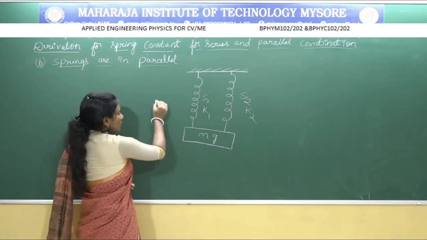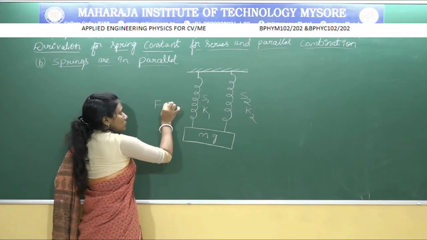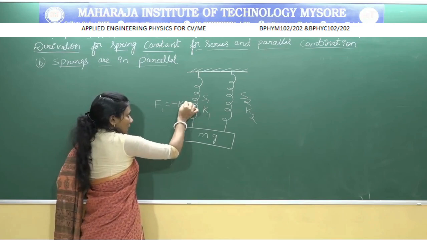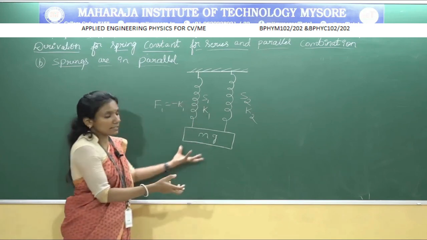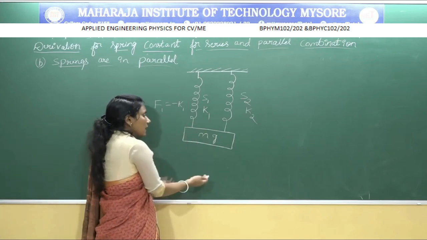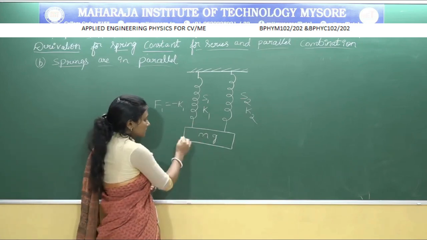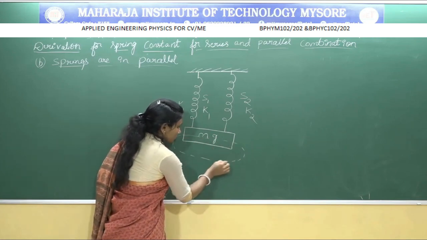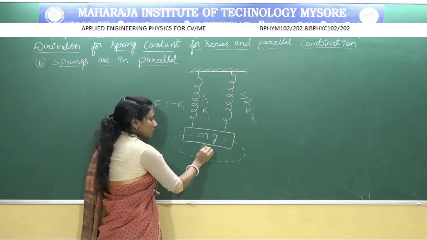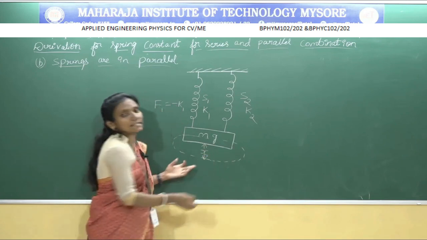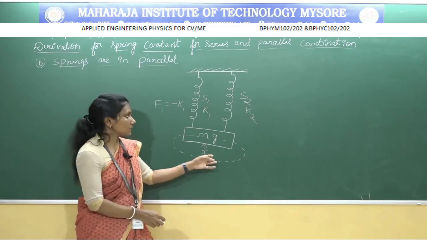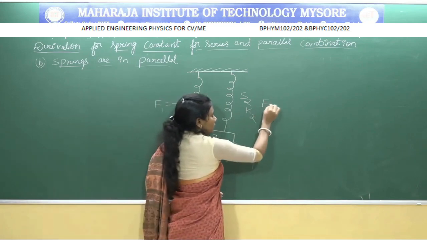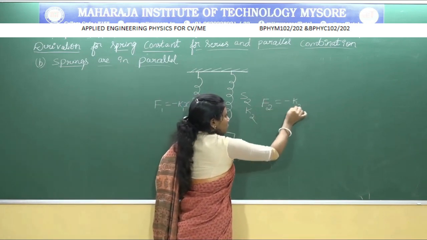Here F1, the restoring force acting on spring 1, is minus K1 x, and the displacement will be the same. When you add more weight, what is the displacement that takes place? It is the increase in the length of the spring, that is x. For spring 2, F2 is equal to minus K2 x.